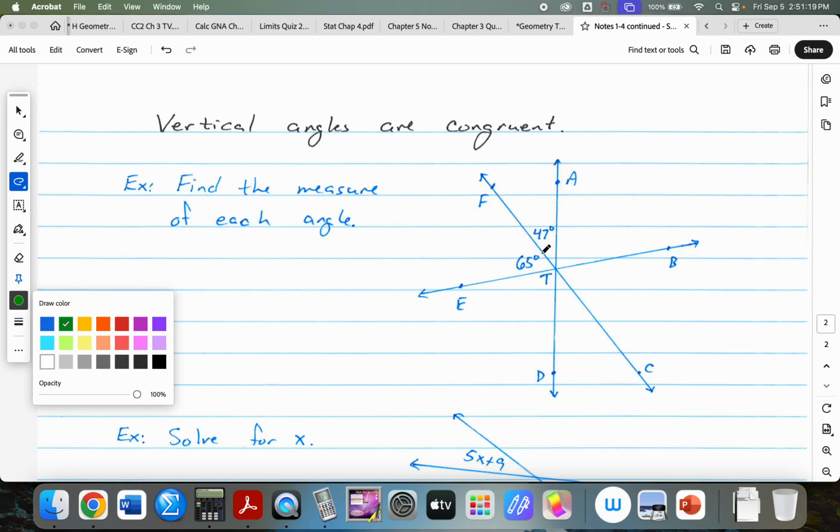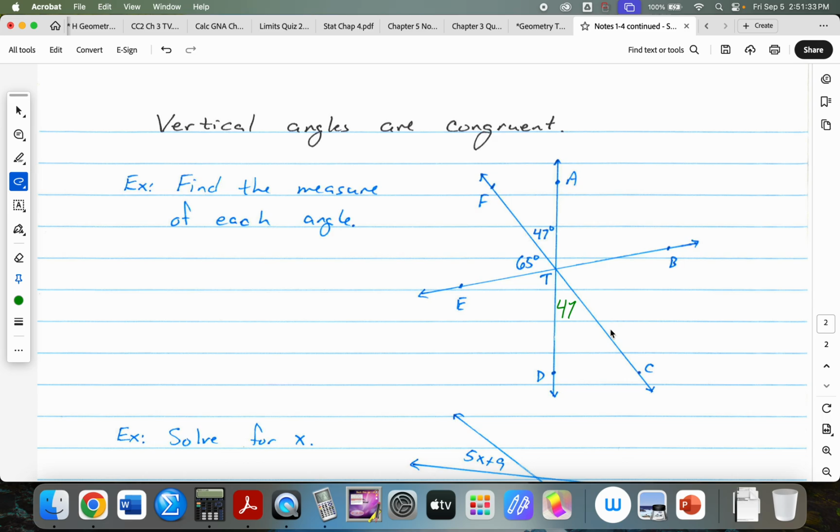So if FTA is 47, what angle is a vertical angle to FTA? Yeah, DTC. So this angle is also 47. If you've got an X made by two lines intersecting, the angles directly across from each other will be exactly the same.